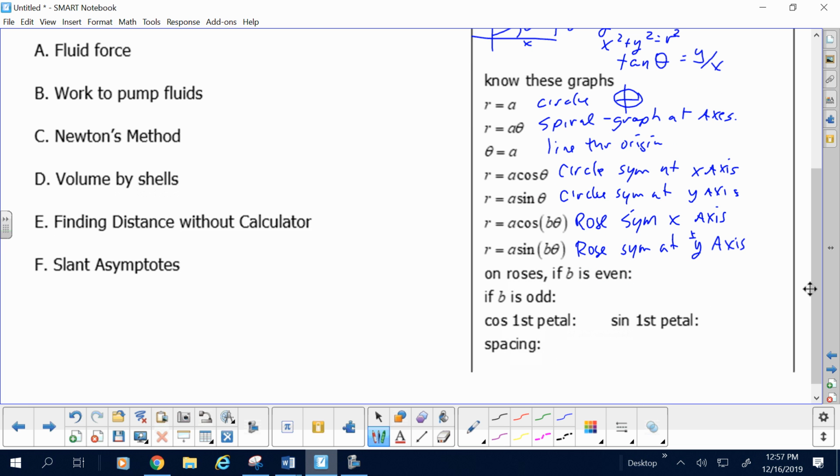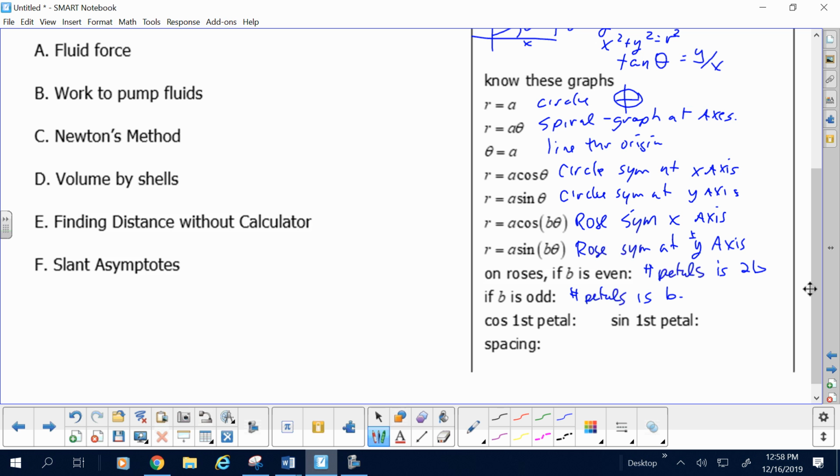On roses, if B is even, for example, cosine of 2 theta, then how many petals? The number of petals is double. So generally if B is even, then there will be 2B petals. If B is odd, then the number of petals is just B. For cosine, where's the first petal?